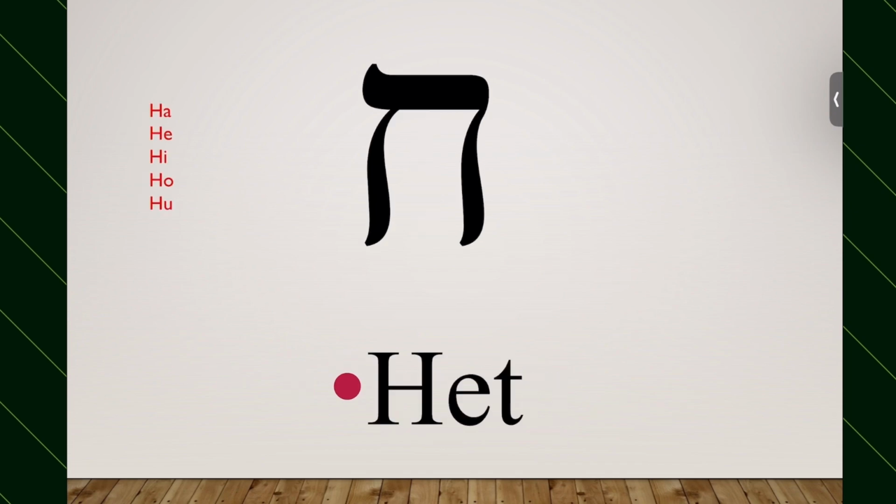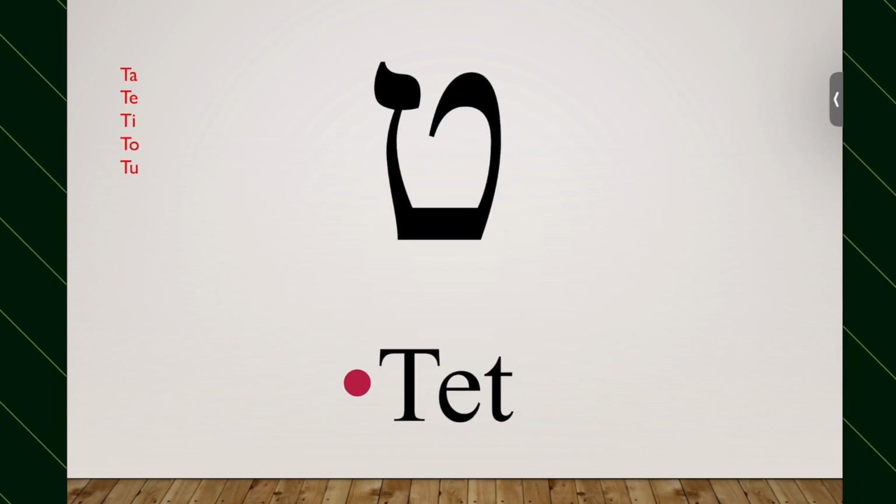Next one is chet. Cha, che, chi, ho, hu. Okay? It's different than the hey. Hey would be ha, he, hi, ho, hu. And this is cha, che, chi, ho, hu. Okay? Chet. Now we have tet.